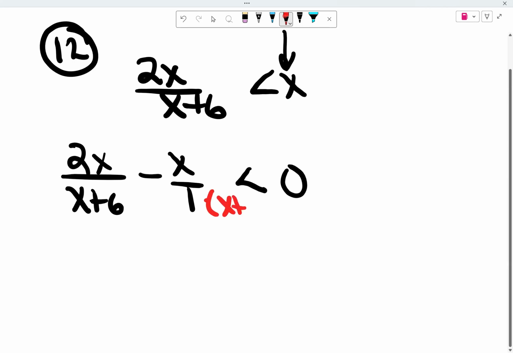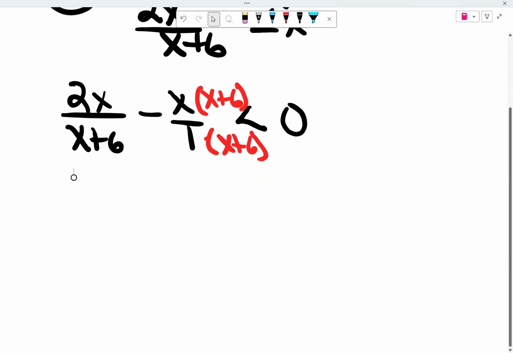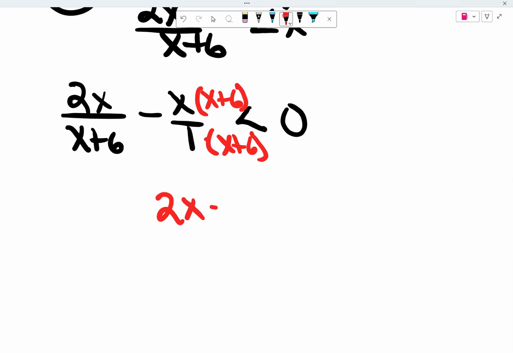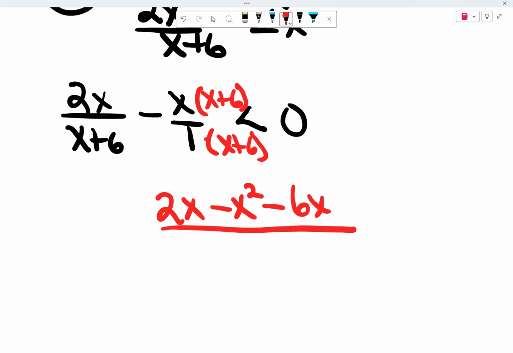So I need an x plus 6 over here, and I need an x plus 6 over here. Now, the reason I do that is I need a common denominator, which I have now. So my new solution is 2x minus x squared minus 6x, and all of this is over x plus 6. And this has to be less than 0.